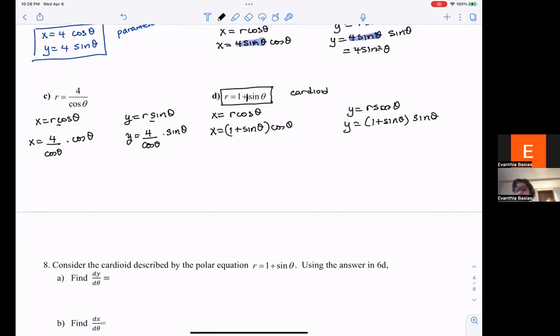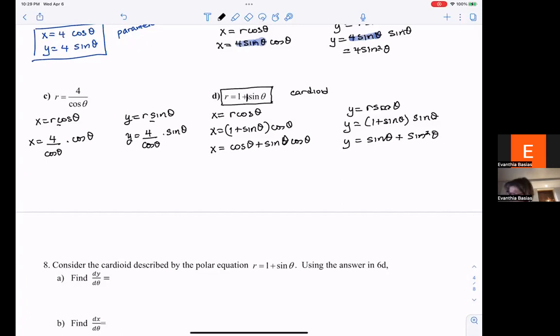All right, and we would stop here usually, but in the next question, we're going to end up getting the derivatives with respect to theta, and it's worth simplifying them, especially we want to avoid the product rule. We want to stick to a simple chain rule. So if we distribute here, we get x equals cosine theta plus sine theta cosine theta. And here we get sine theta plus sine squared theta.